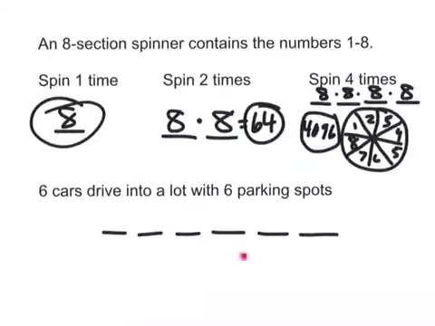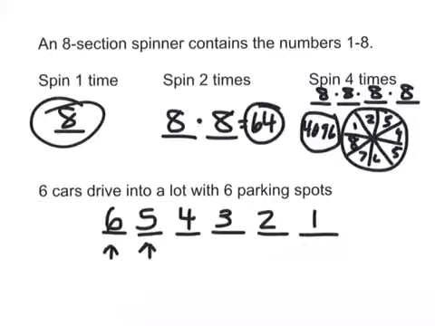In this situation, however, 6 cars are driving into a lot, so one at a time. How many cars could park into this space right here? Well, 6. But after that car is parked, how many different cars could park here? Well, 5. And then how many here? 4, and then 3, and then 2, and then the last car only has one option, and it is that last spot that remains.